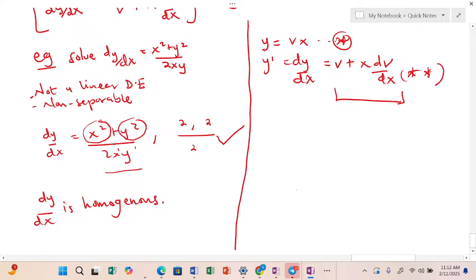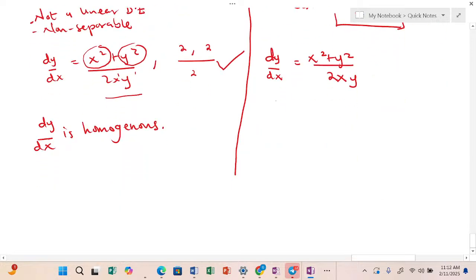So now we take our differential equation: dy/dx is equal to x squared plus y squared all over 2xy.